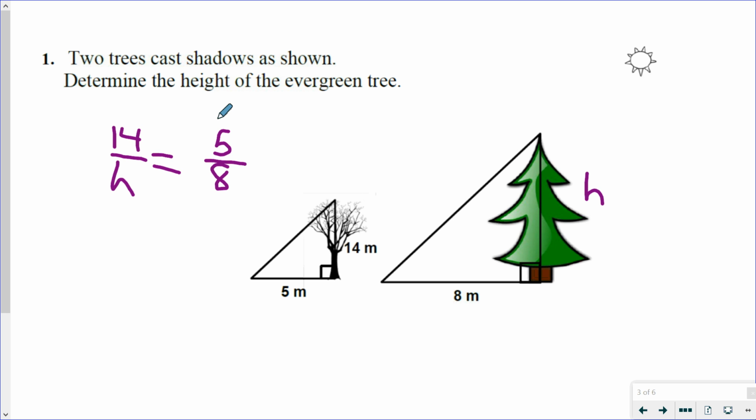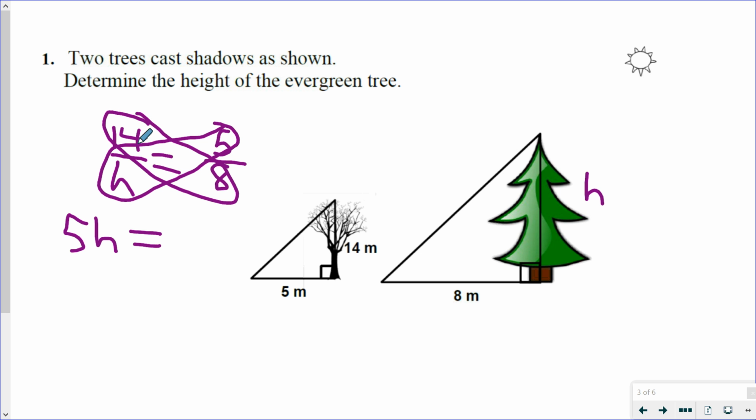So now we can use either the bat and ball method, or we can use cross multiplication. So 5 times H, which is 5H, is equal to 14 times 8. And 14 times 8 is 112.